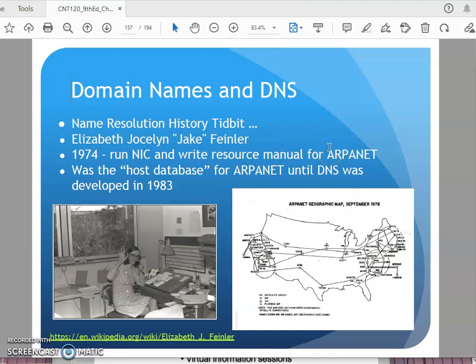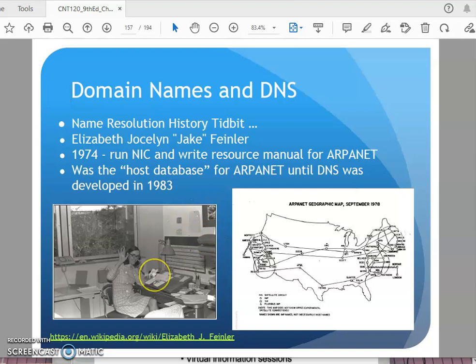Well, Arpanet was the predecessor of what we now think of as the internet. This was the first network connecting basically research and military institutes, actually universities and research institutes around the country. At that point in time, she was basically the host database for Arpanet. She was basically the DNS before DNS existed.